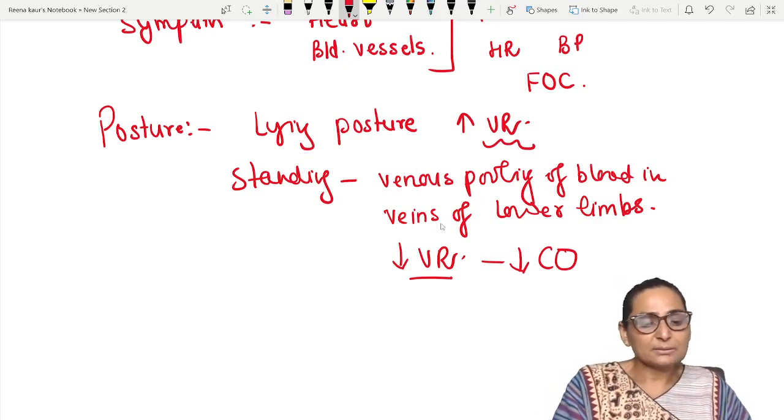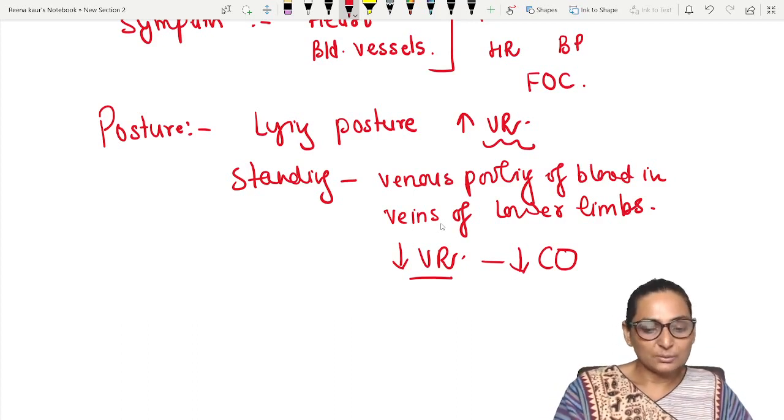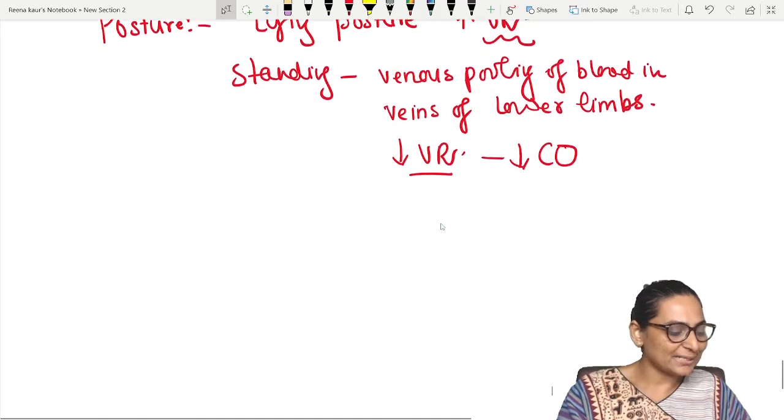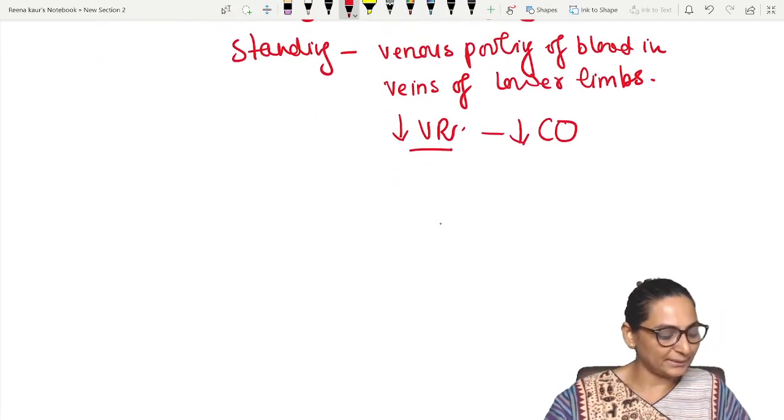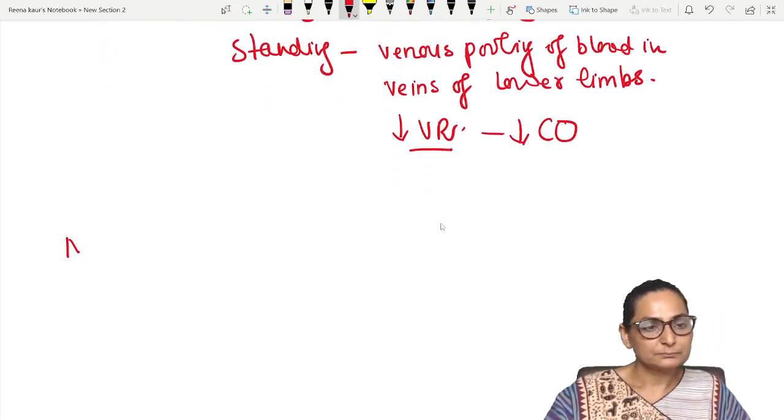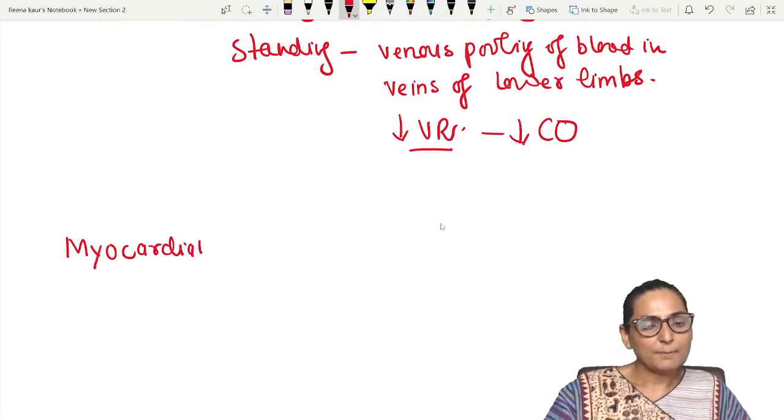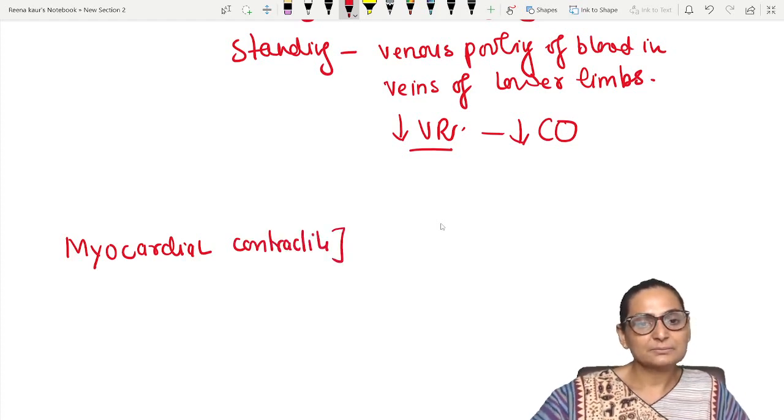Now we consider what we call the homometric regulation, that is myocardial contractility, which we also call homometric regulation.